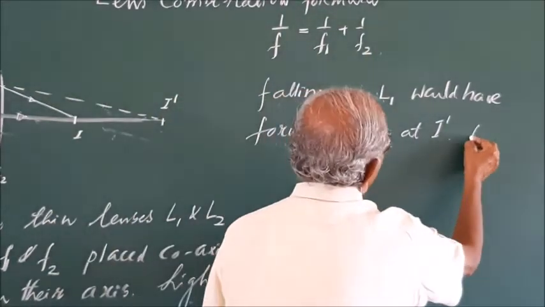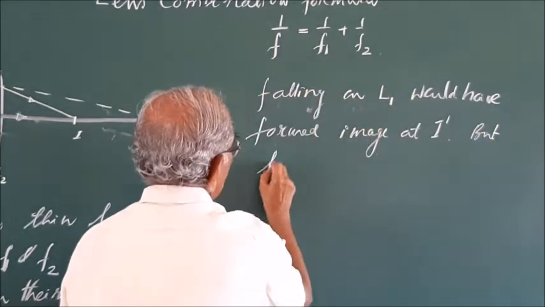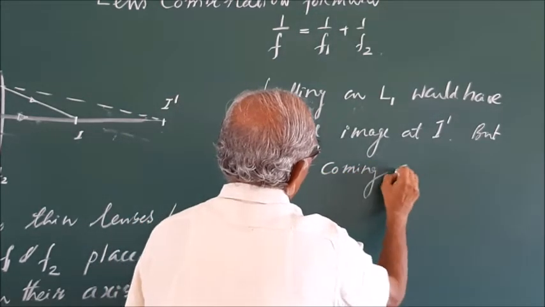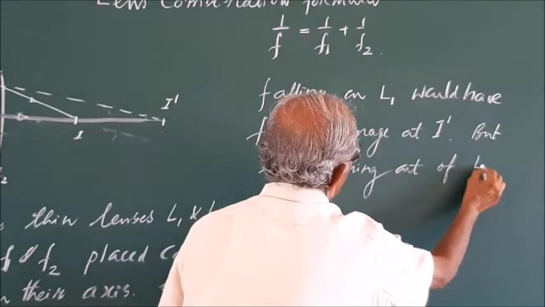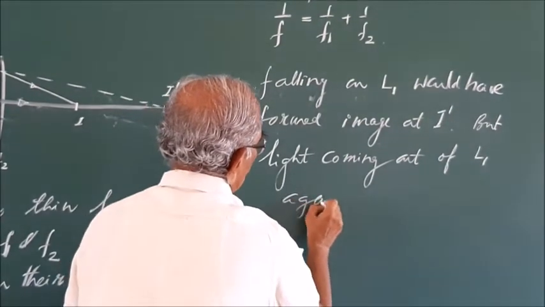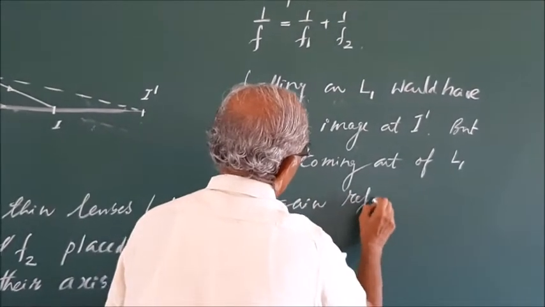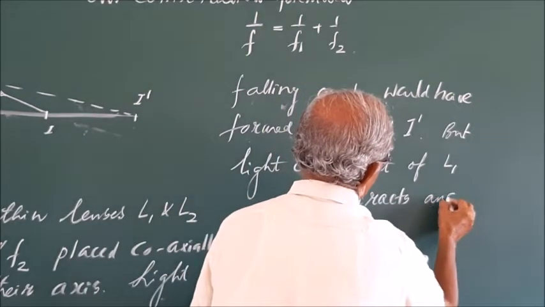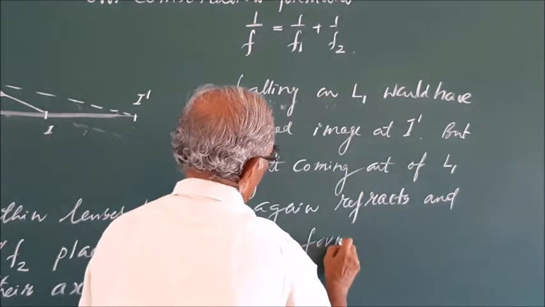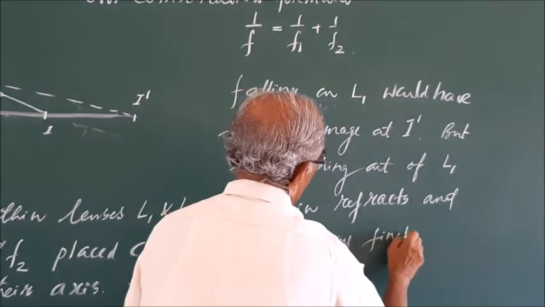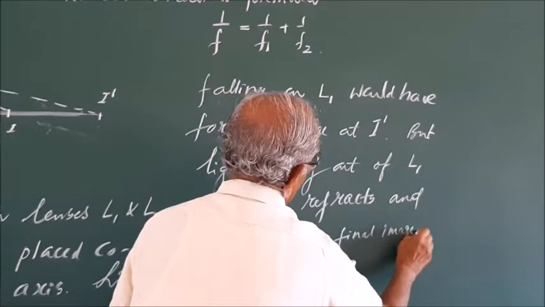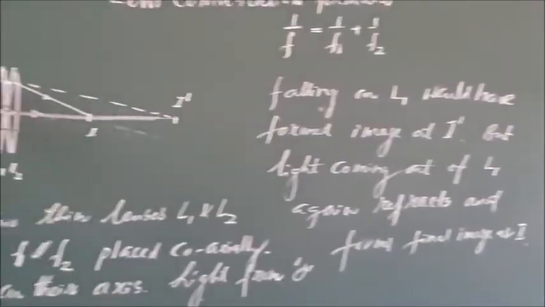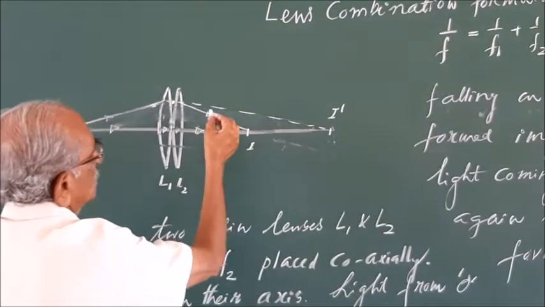But light coming out of L1 again undergoes refraction and forms the final image at I. See, this light would have gone like this and formed the image, but it again undergoes refraction.